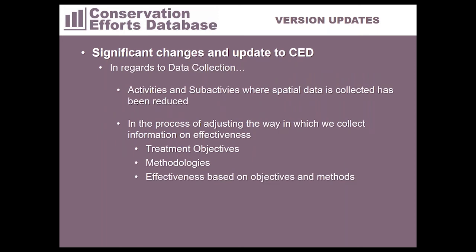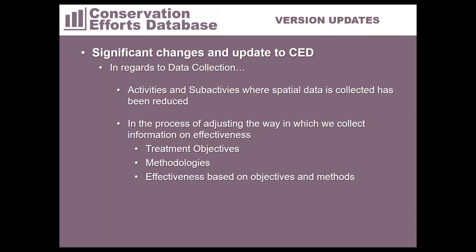In regards to data collection, in CED version 1, we were asking for spatially explicit information on any sub-activity on which we collected information. However, we found out that that was not only more labor intensive for our partners, but in all honesty, we don't have a known biological relationship between some of those conservation actions and the response that we would see either in sagebrush habitat quantity, quality, or things like sage-grouse demographics.